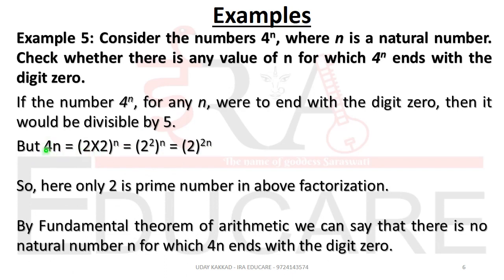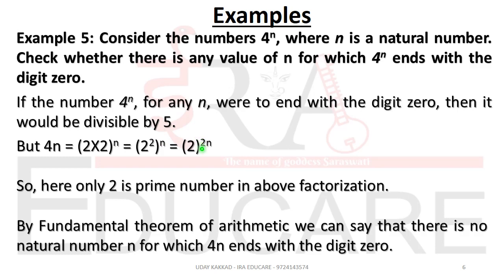Now 4 raised to n, I can write as 2 into 2 raised to n, because I factor 4, so I can write 2 into 2, so 2 raised to 2, raised to n.